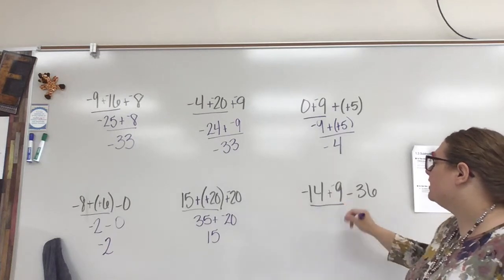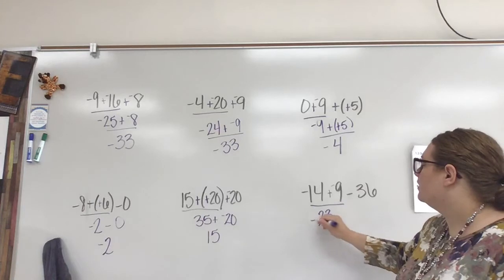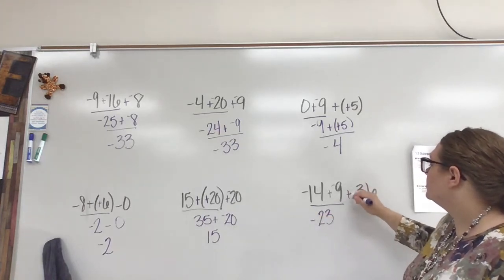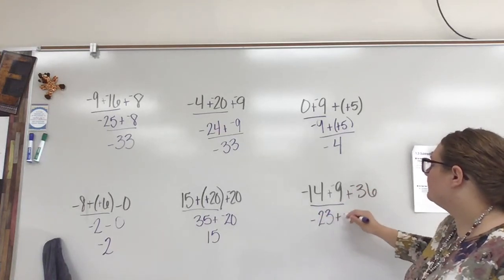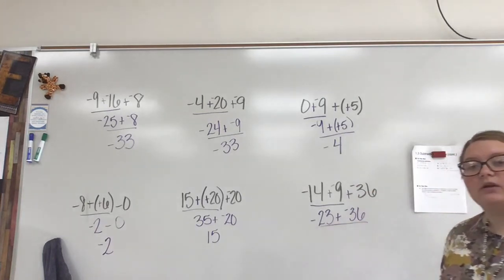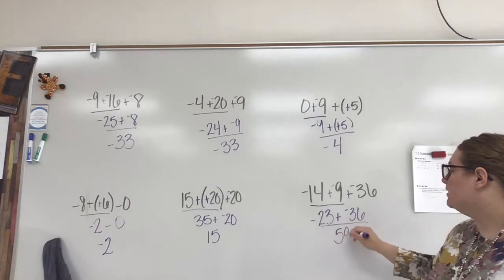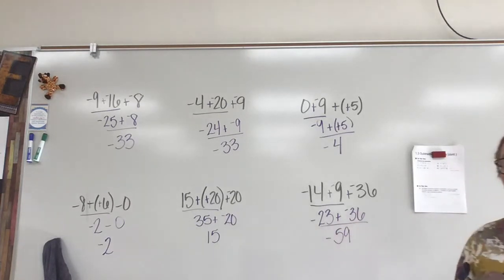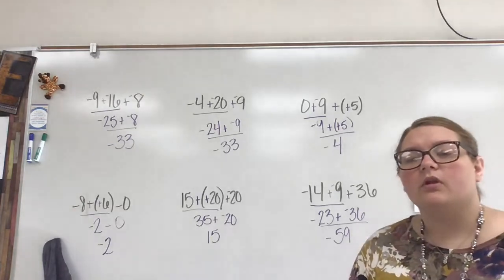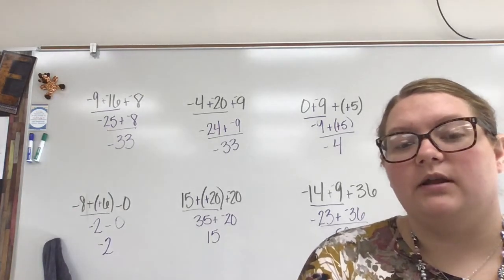Same sign again, so we're going to add. 14 and 9 is 23. Change the subtraction to addition, change the sign of the following number. These two numbers have the same sign, so again we add. 23 and 36 is 59. Keep the sign of the larger number. Okay, now go ahead and try number 13 on your own and come back when you're ready.